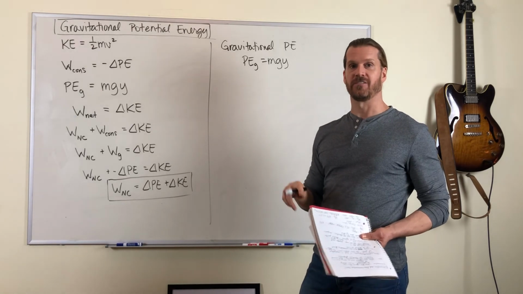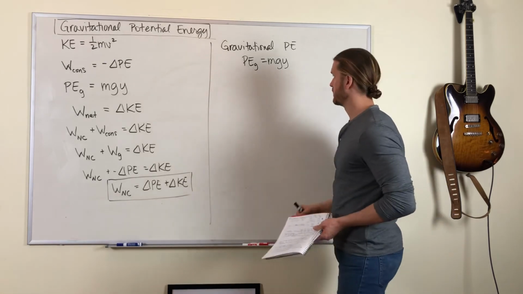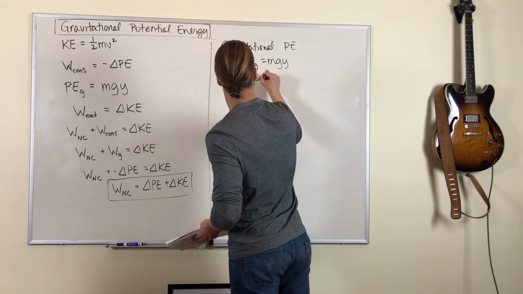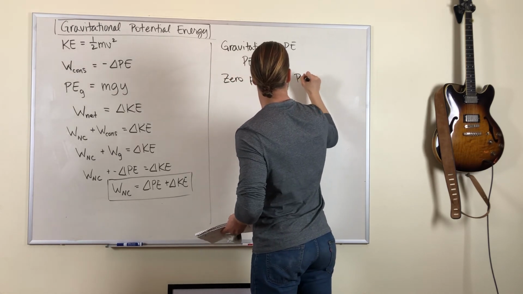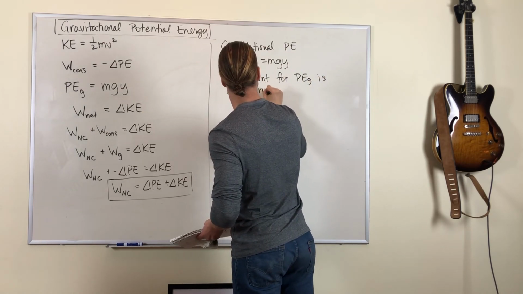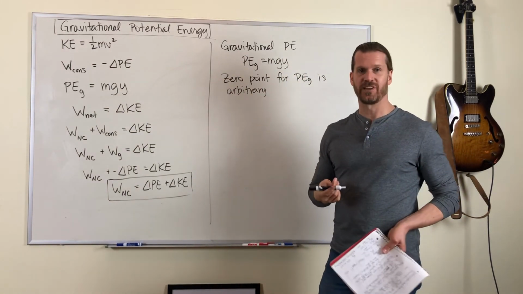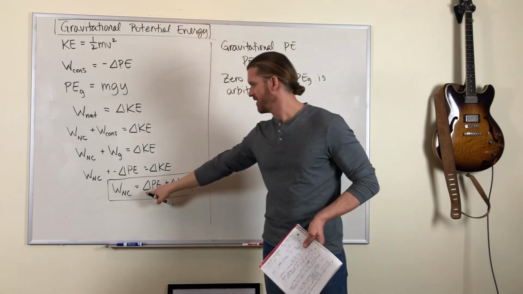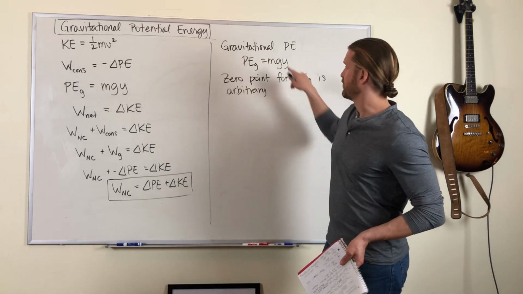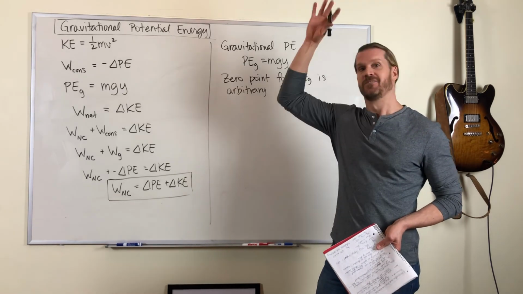If you want to pick it at ground level, that's fine. If you want to pick it at some other height, that's totally fine. The reason why this is arbitrary is because whenever we deal with potential energy, we're really dealing with a change in potential energy. So that change will show up as kind of a delta y. So it doesn't really matter where 0 is, only matters how far you've moved.